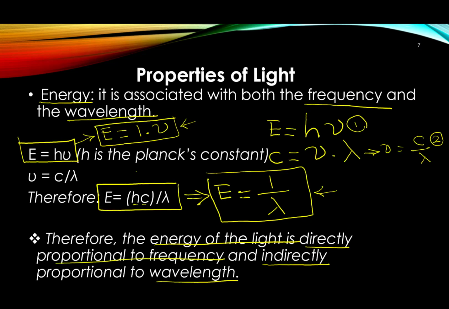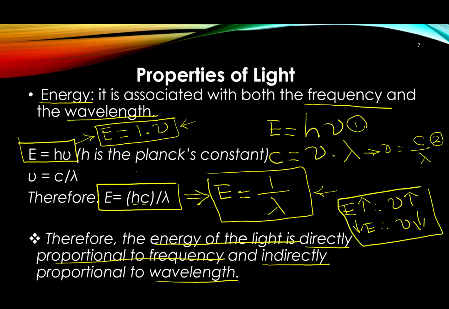And the same applies to the next page. That means energy is directly proportional to frequency. That means if you increase the energy, frequency increases, and if you decrease the energy, frequency decreases.